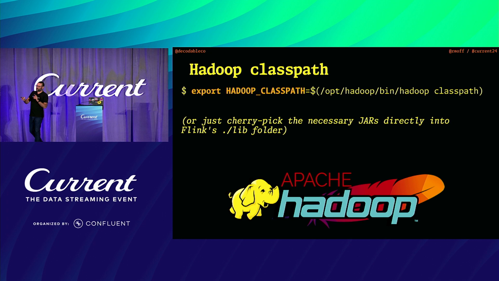So certain Flink things like Parquet, like Hive and stuff like that, they assume that you've got Hadoop and they need some of the dependencies from it. So when you run Flink, you either need to export the Hadoop class path, which is a special environment variable that when Flink starts up, it will go and pull its jar files from, or you just cherry pick out the jars that you need from a Hadoop distribution and dump them into your local Flink.